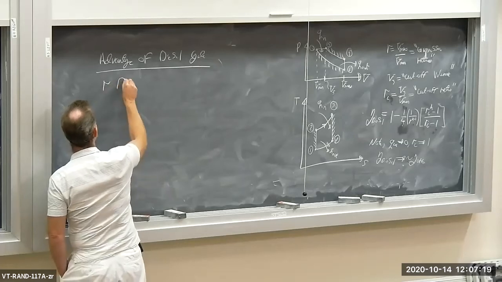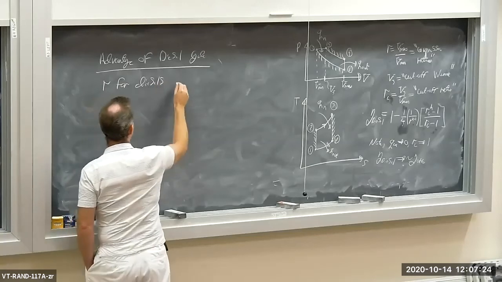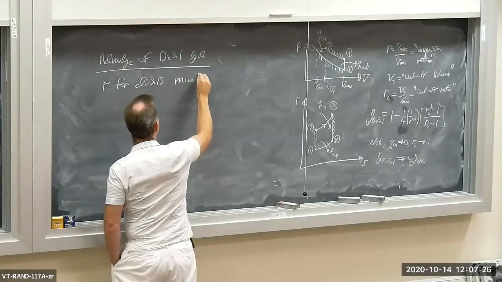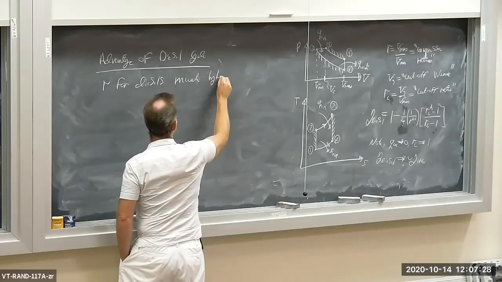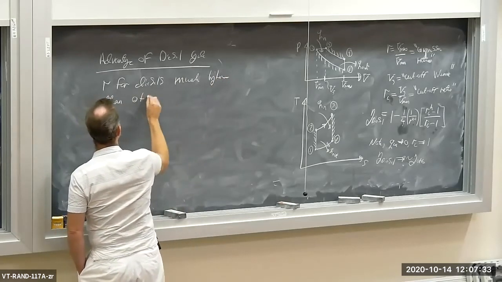So R for diesels is often much higher than the Otto cycle.